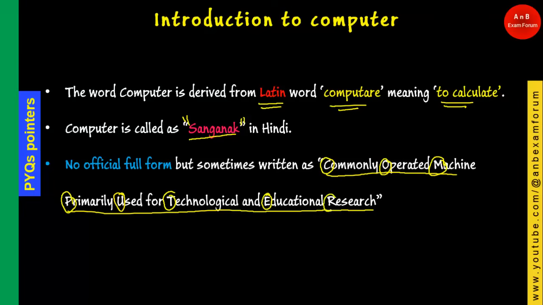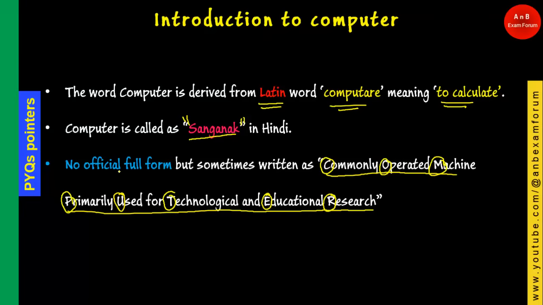R stands for research. So COMPUTER. Okay, but remember this is not an official full form, but it is commonly taught in educational institutions like this is a full form, but there is no official full form.